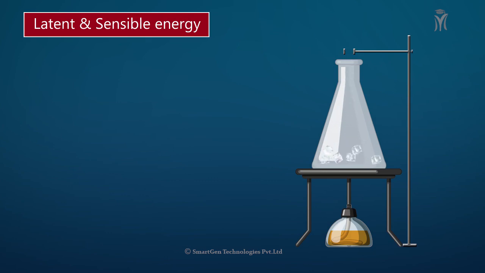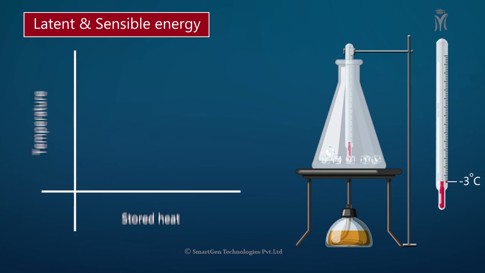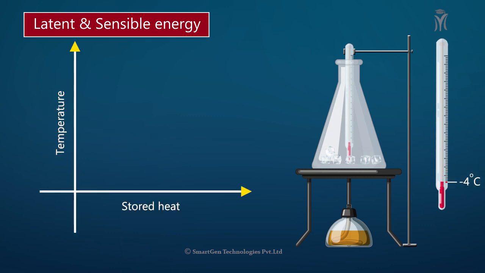Consider heating of ice in a laboratory. Initially, the thermometer showing room temperature falls down to the temperature of ice, which is -4 degrees Celsius. Now, when heat is applied, the temperature starts rising to 0 degrees Celsius and then shows no change in the thermometer.